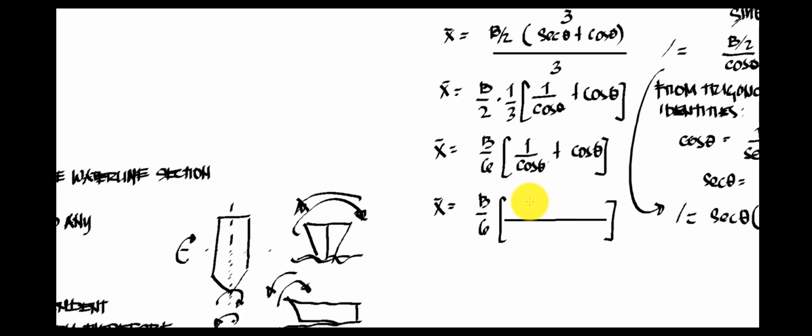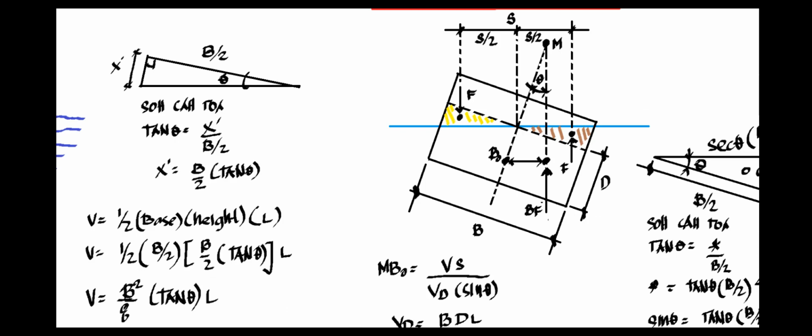Taking the denominator, which is your cosine of theta, cosine of theta divided by cosine of theta is 1, then the other term becomes cosine squared theta, so we have 1 plus cosine squared theta over cosine theta here.